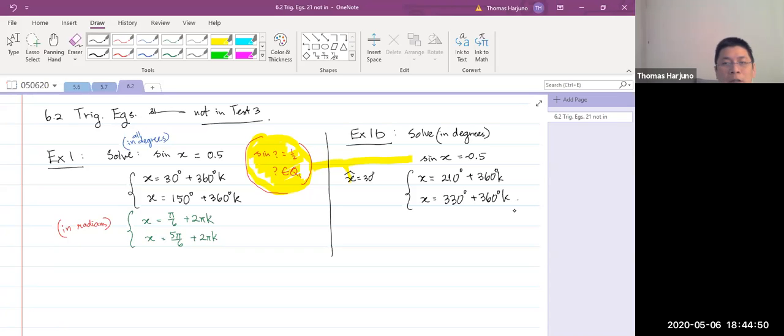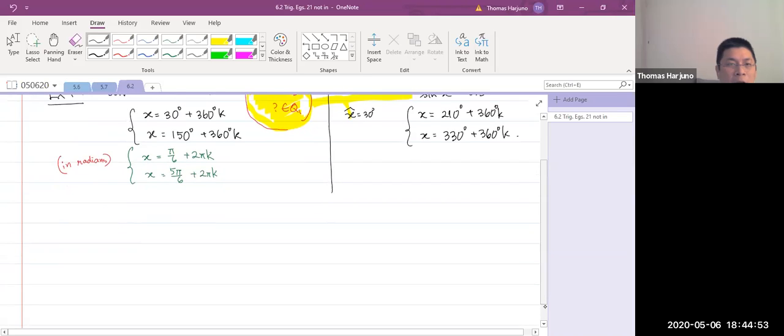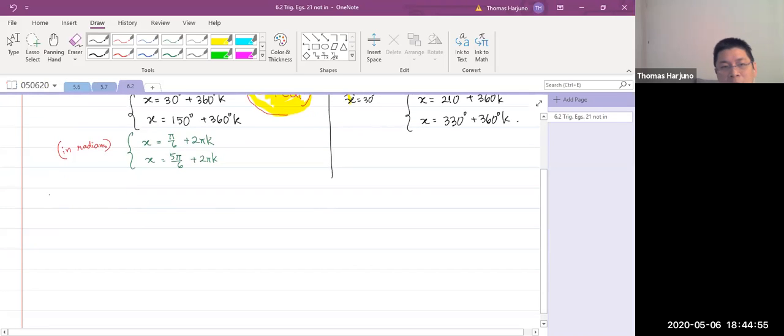Okay, now let's apply the same idea, but this time, example 2. No, that was sine. Let's do cosine then. Solve in radians: cosine theta equals negative radical 3 over 2.